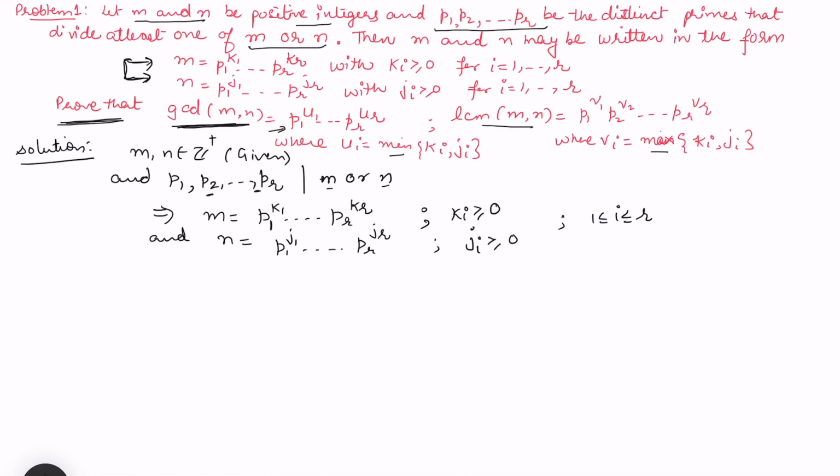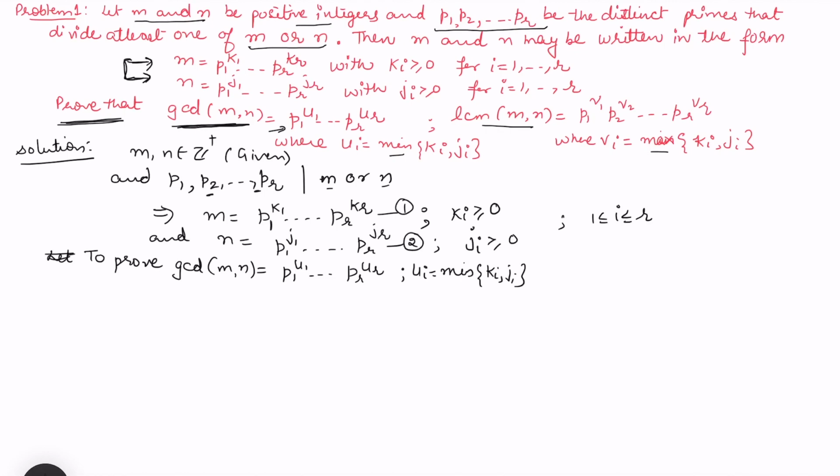We need to prove that the GCD of m and n is equal to p1 to the power u1 up to pr to the power ur, where ui is the minimum of ki and ji, the powers we have written in expressions 1 and 2.